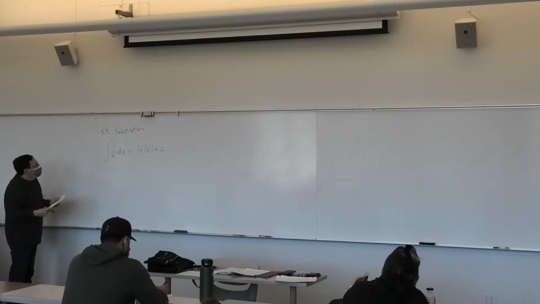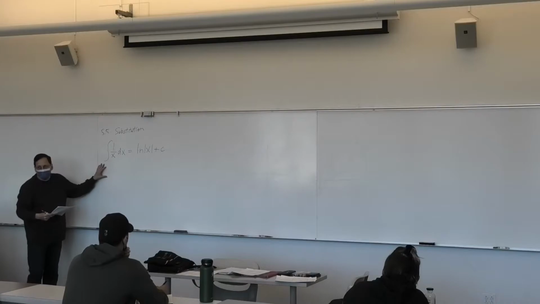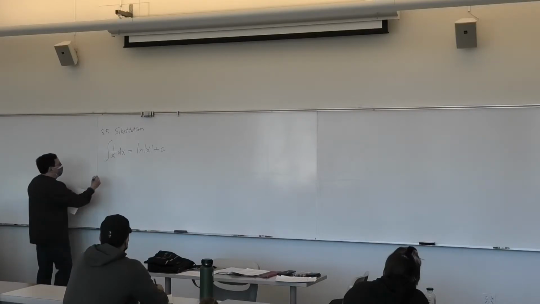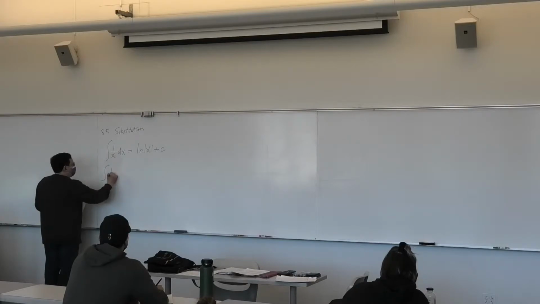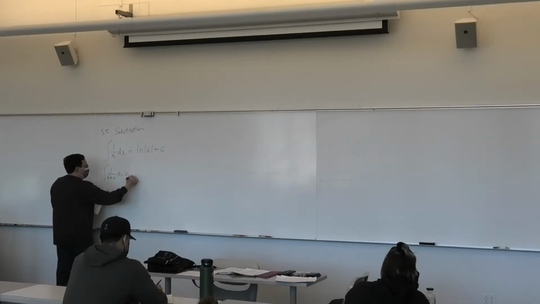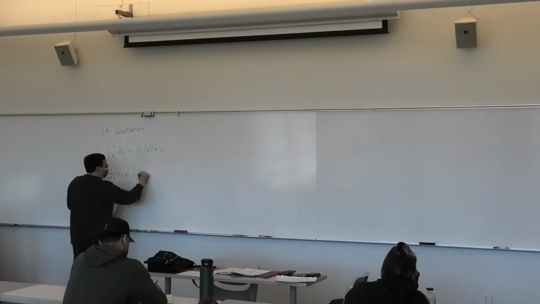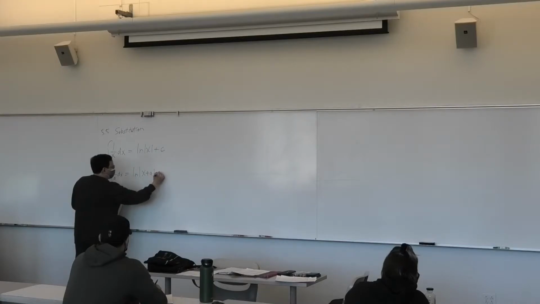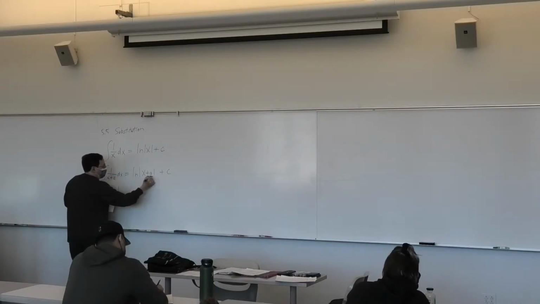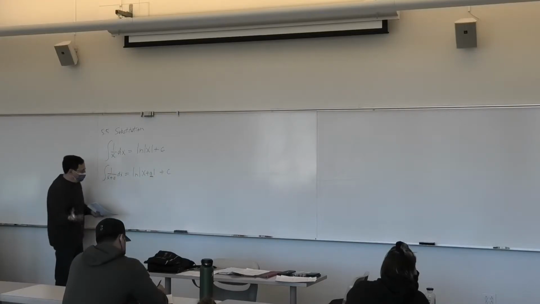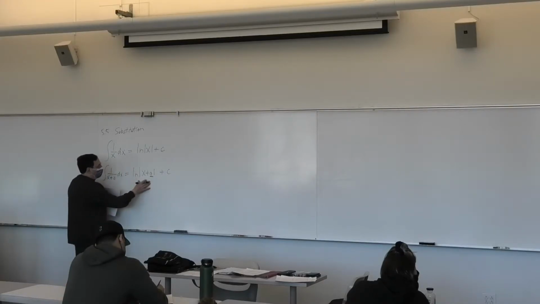Now, we can do a little with this real simply. You can say, well, wait a minute, the integral of 1 over x plus a, where a is some constant, is the log of the absolute value of x plus a, plus some constant. Now, why can I get away with that? Well, let's do it in reverse. Let's find the derivative.